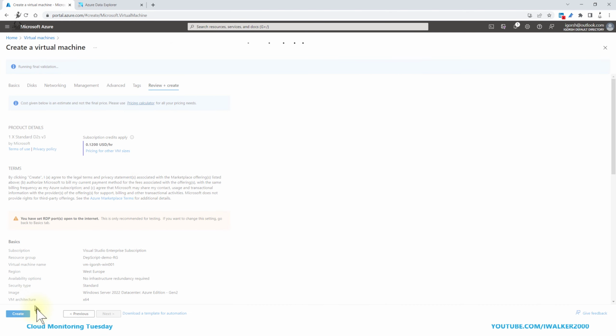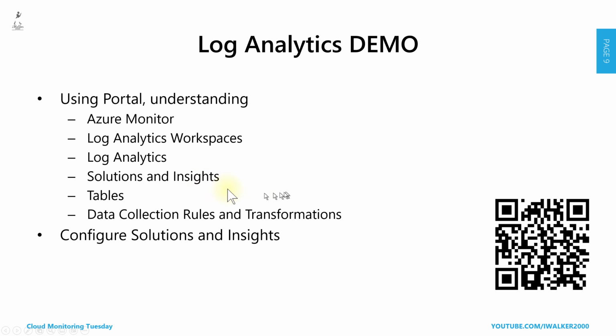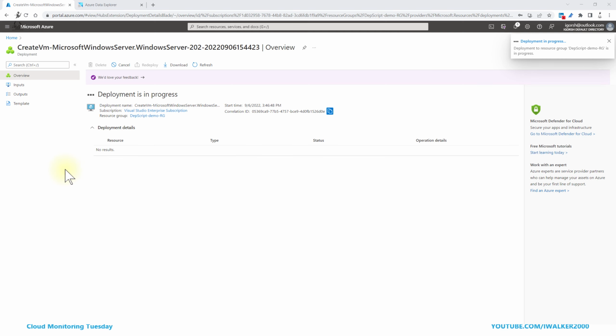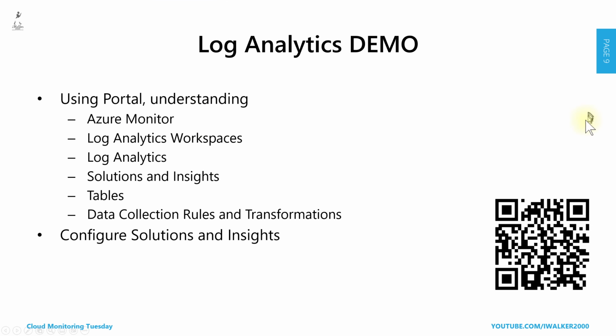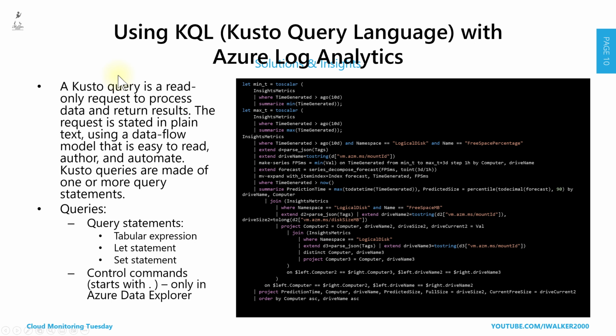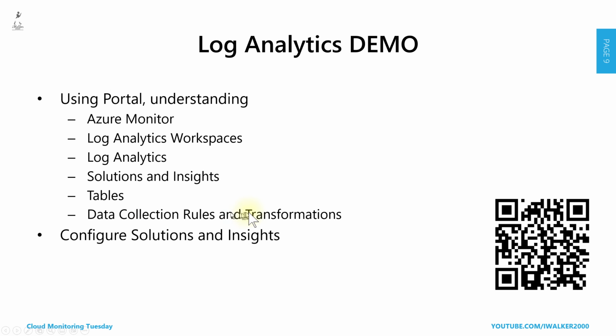I just want to demonstrate how the data will be connected and what the difference is, etc. Okay, while the machine is working and creating, let's go back to the presentation, and we will come back to the data collection rules and transformation after.